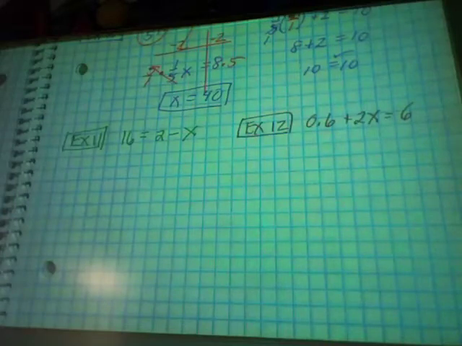There are 2 ways you can solve the first one. Remember, when you add and subtract decimals, you have to line up decimal points.